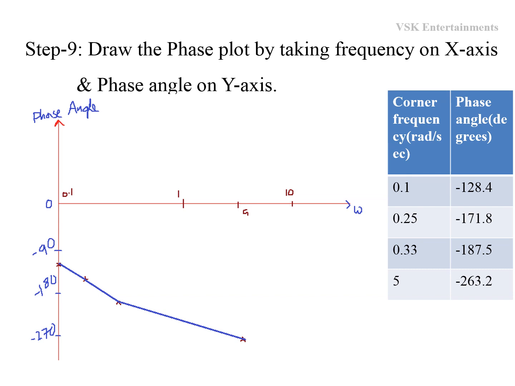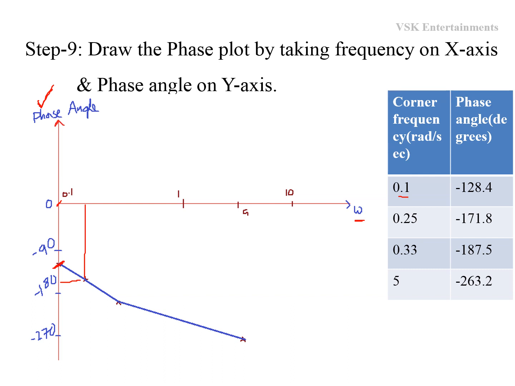The first one is the corner frequency 0.1, and the phase angle is minus 128. This is the x-axis, that is radian per second, and this is the y-axis, that is the phase angle. At 0.1, the phase angle is minus 128. Similarly, at 0.25, the phase angle is minus 171.